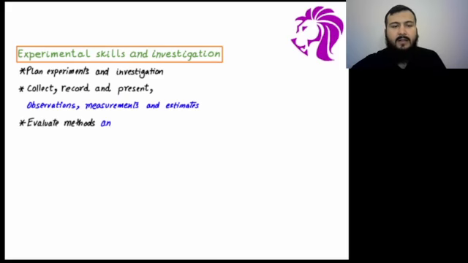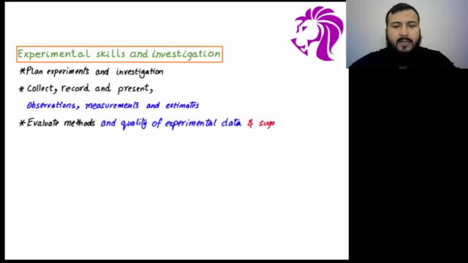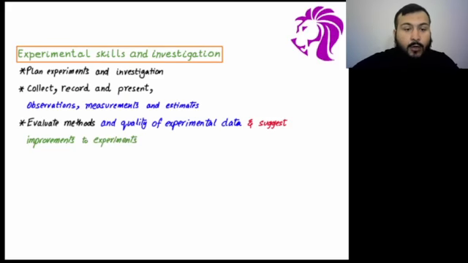And the third thing that he expects us in experimental skills and investigation is that we should be able to evaluate methods and quality of the experimental data. Based on that quality and method, we should be able to suggest improvements for the experiments.